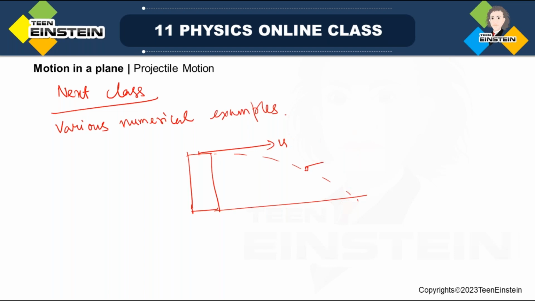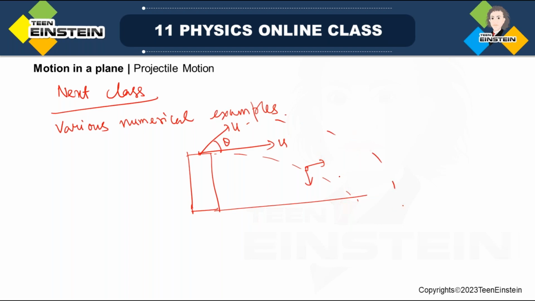At any instant of time what will be the velocity, etc., we'll be discussing. In this case we'll analyze the motion, what will be the range, what will be the time of flight, etc. Similarly, when from any height it is thrown making an angle theta with the horizontal, what will be the trajectory and what will be the range, etc.